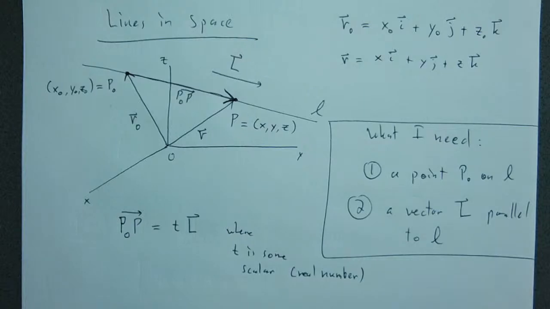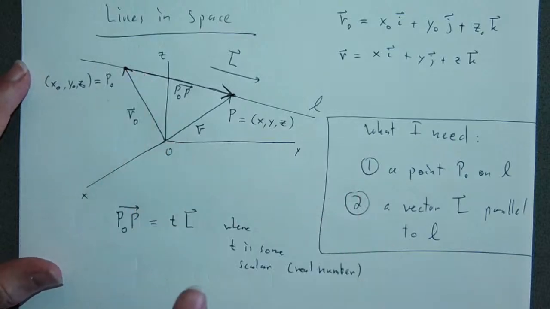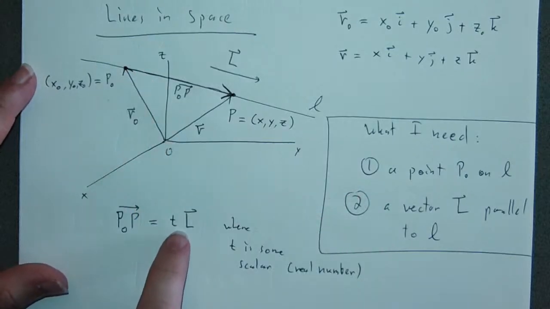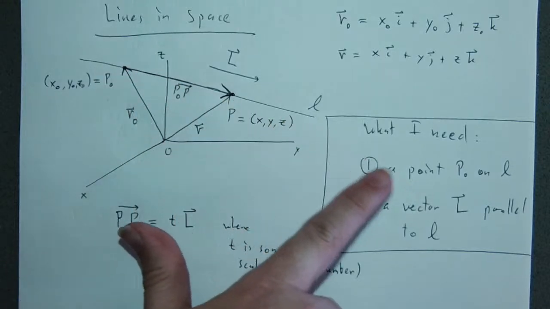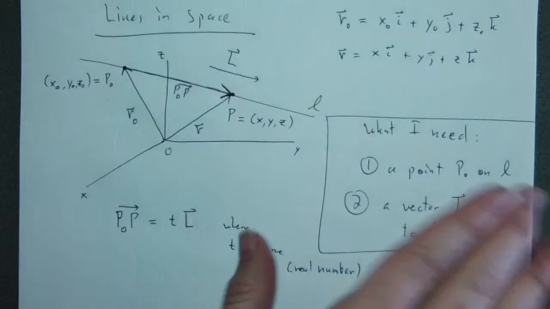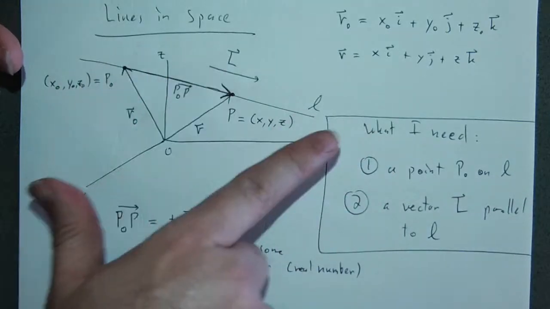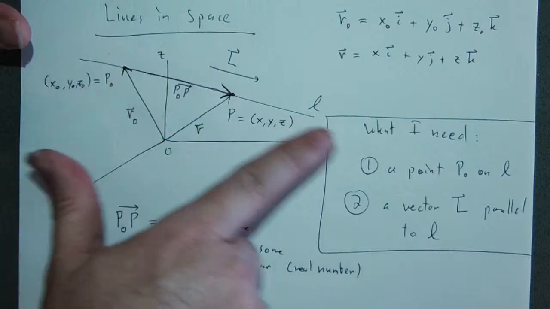The idea here is that I'm thinking of an initial vector R naught, and as T progresses, this R naught is tracing out this line L. At some point T in the future, R naught passes through this generic vector R, and then it keeps going.